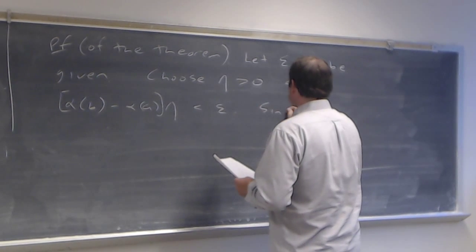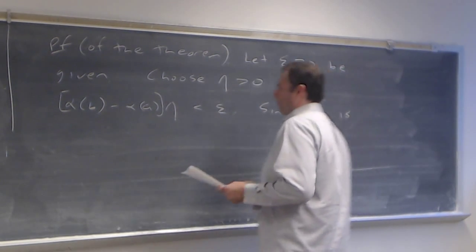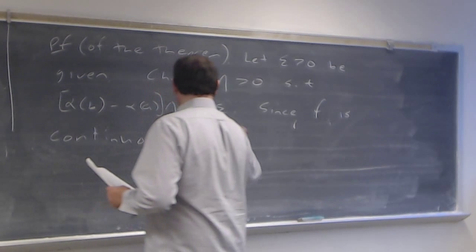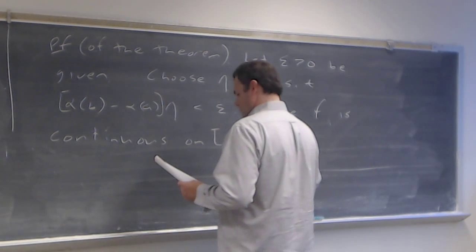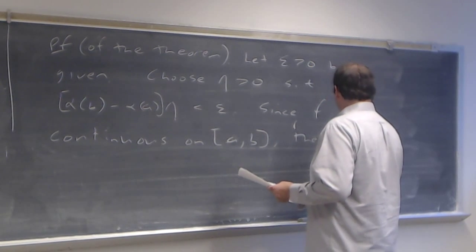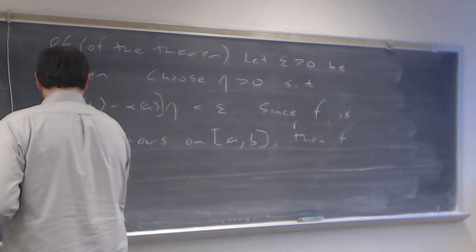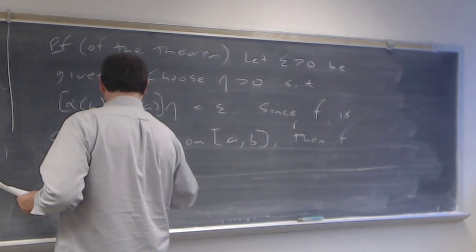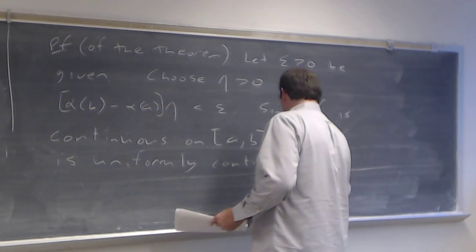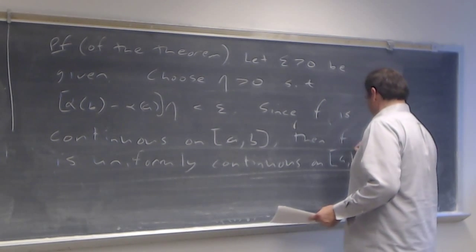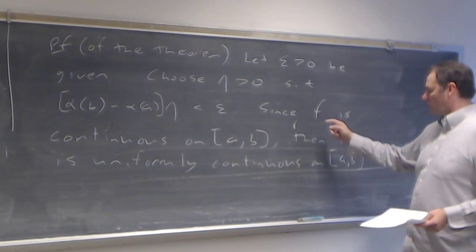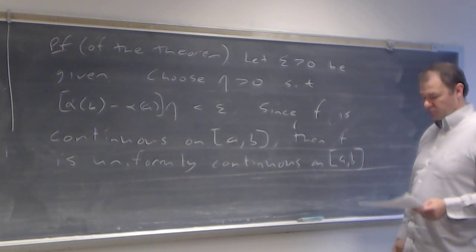Now, since f is continuous on [a, b], then f is uniformly continuous on [a, b], and that's because [a, b] is compact, and a continuous function on a compact set is uniformly continuous.